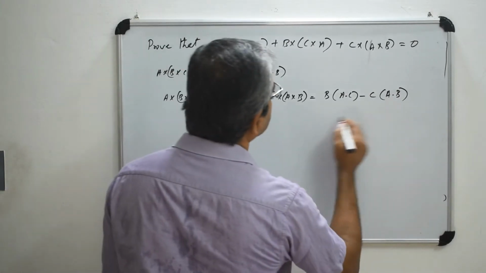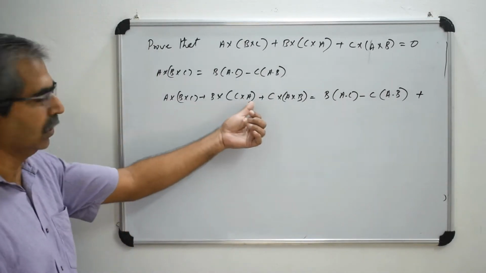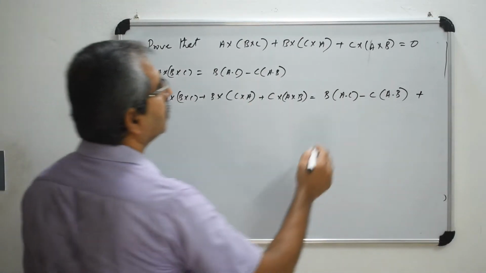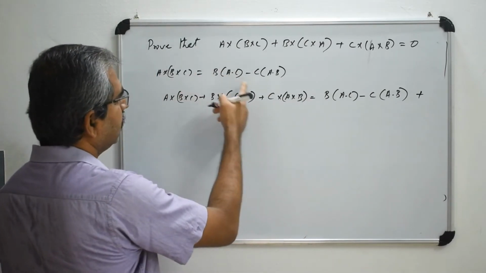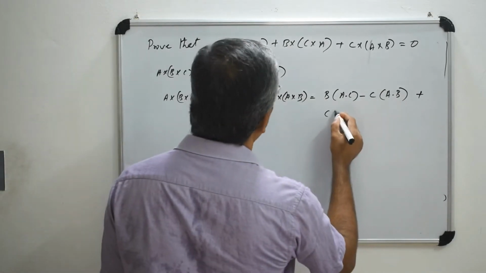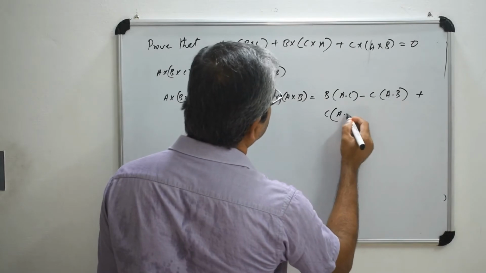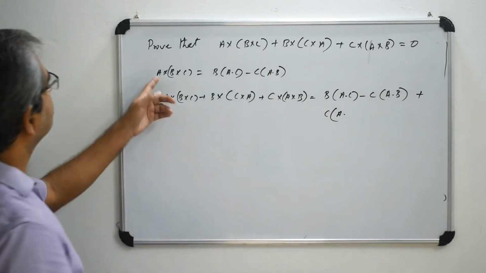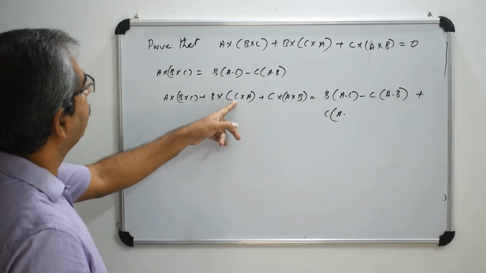Now plus, what is second one? B cross C cross A. Okay. So in place of B we have C, the middle term, that is C into A dot C. Okay, this is the equation. So we have, in place of B we have C.